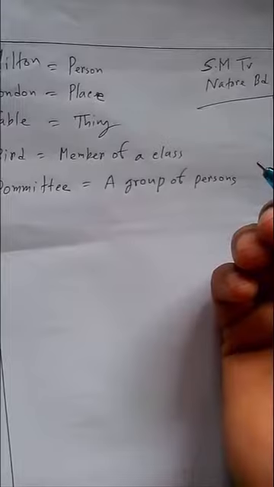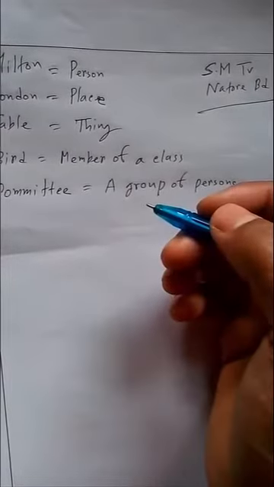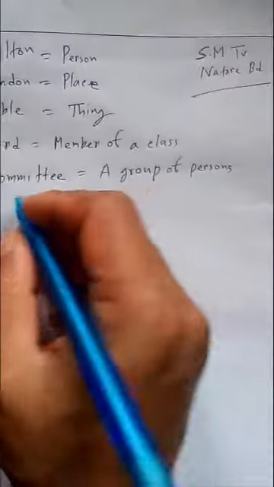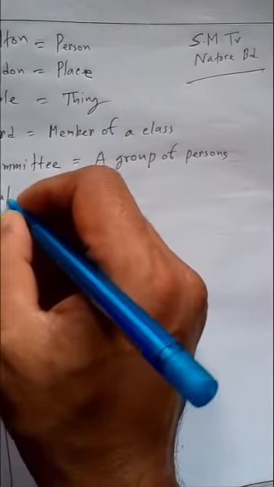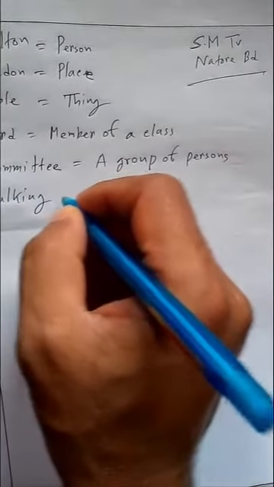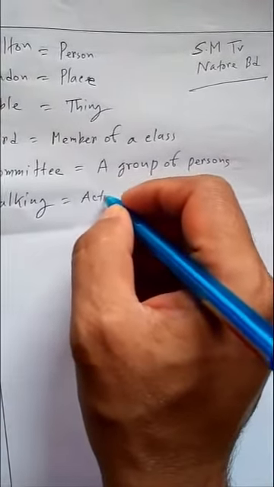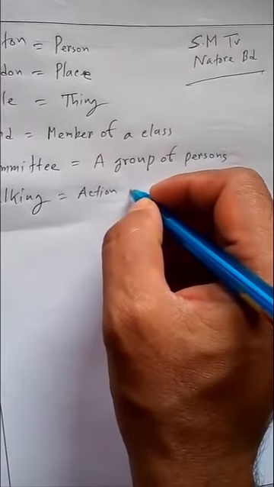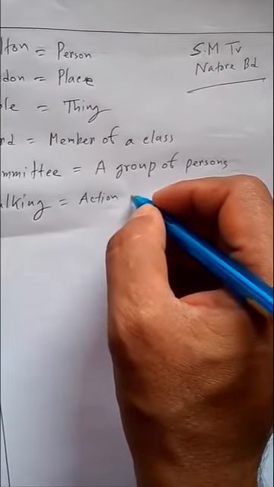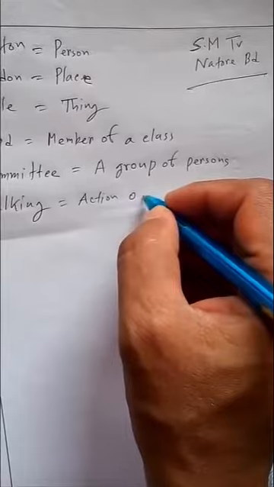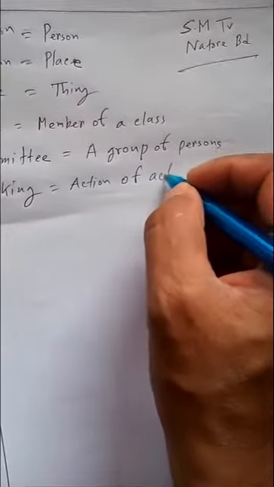It may be things, furniture, etc. Action or activities, for example, walking.